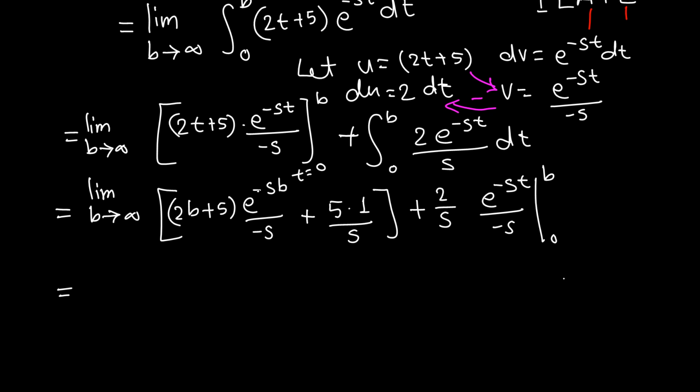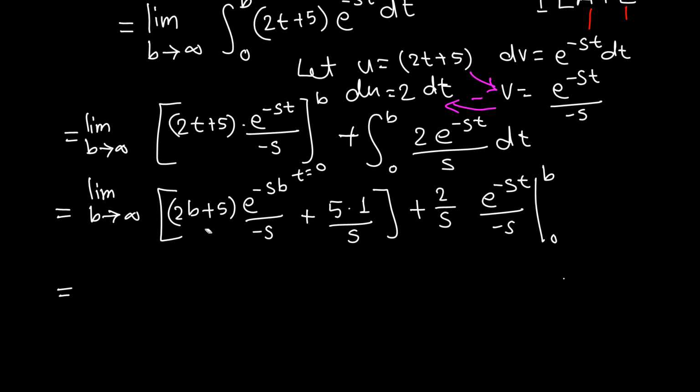In fact, this is an indeterminate form, infinity times zero, but this exponential function beats the race; it goes to 0 faster than the linear term. If you use L'Hopital's rule, you can work on that. So this limit will be 0 if s is positive, because e to the negative infinity is 0. I'm talking in terms of limits, by the way.